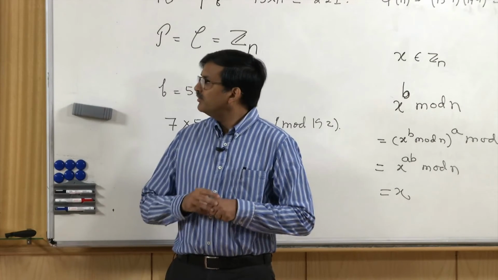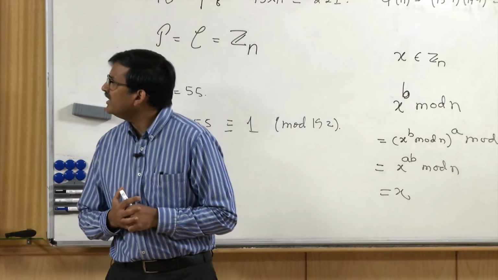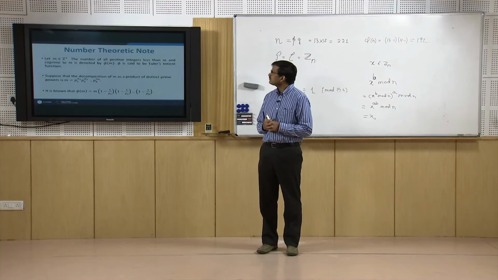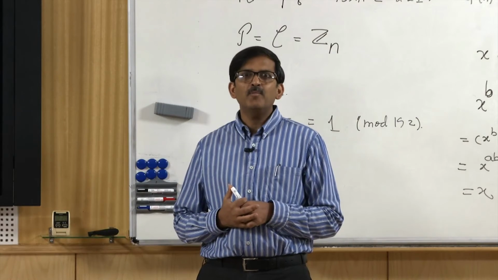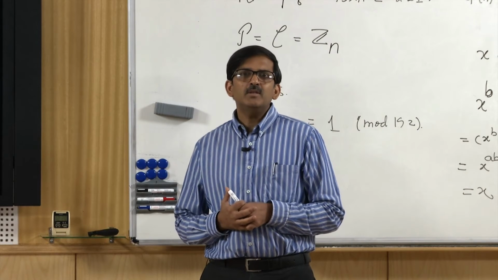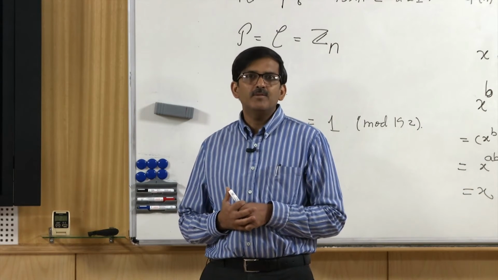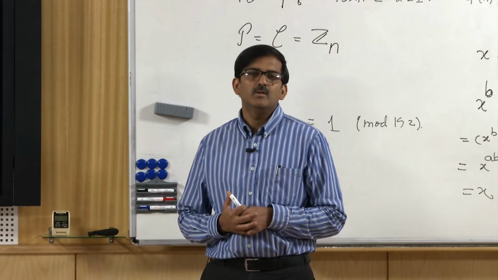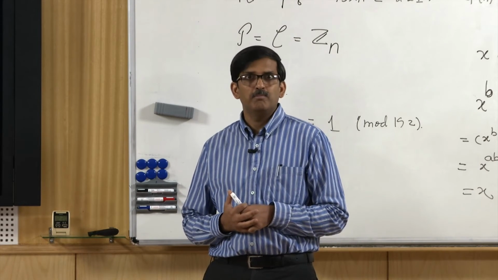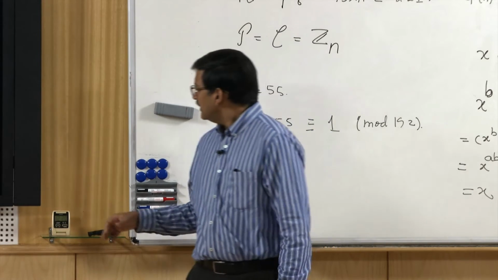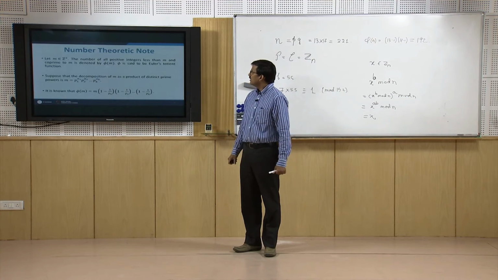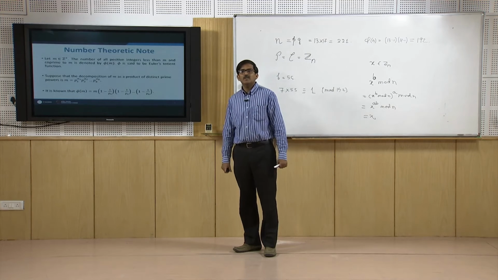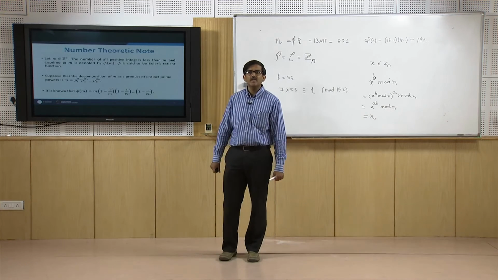In order to prove that, we have to know a little more about phi m. Phi m is the number of positive integers from 1 to m minus 1 which are co-prime to m. So we have written the definition of phi m at the first point, and then the question occurs: how to compute phi m.